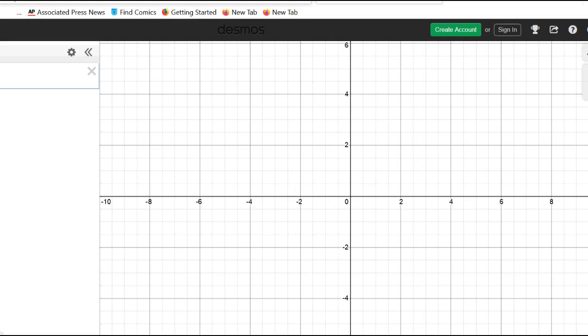I'm going to start graphing. And I'm going to put in y equals negative 0.025x squared.